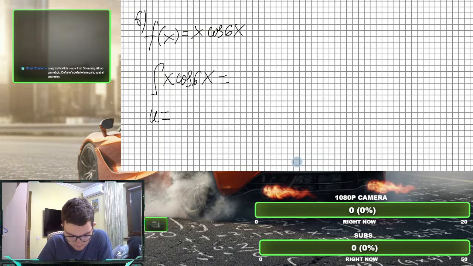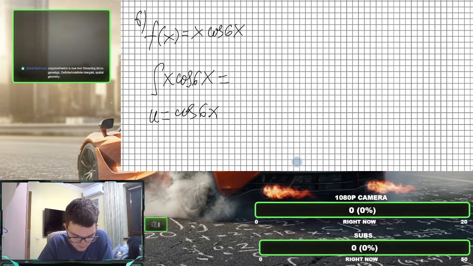Well, I think in this kind of situation, the u is the harder part, so cos 6x, and the dv is what's left, so x.